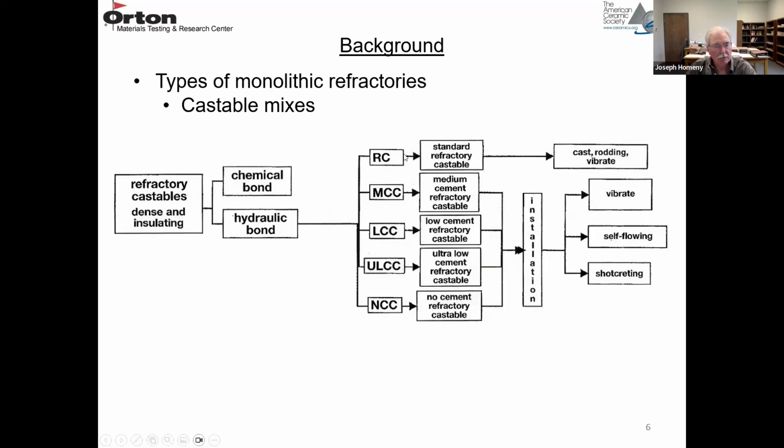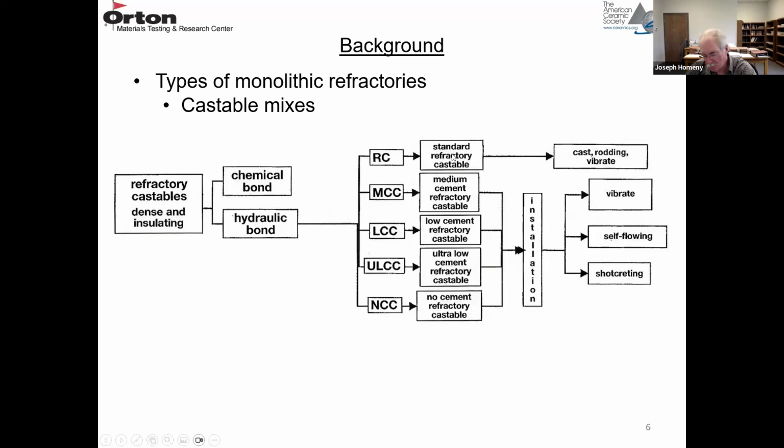So castable mixes can be either dense or insulating. They may have a chemical bond, but more commonly they'll have a hydraulic bond. So if it's a cement, and this would be a high temperature calcium aluminate cement, there are 5 different possibilities here based on cement content. RC is the standard refractory castable.